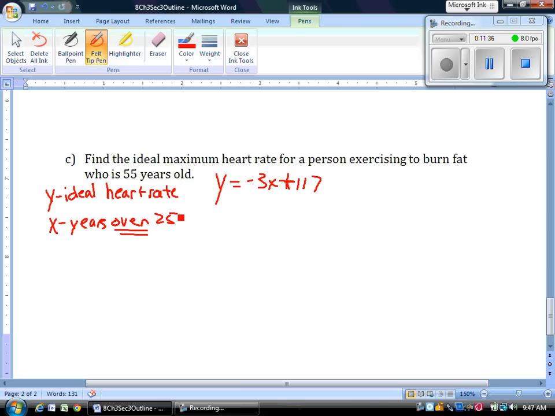Since I'm looking for the ideal maximum heart rate, I don't know y. I can use 55 to figure out what x should be. x is going to be 55 minus 25 because it's the number of years. x is the number of years over 25.